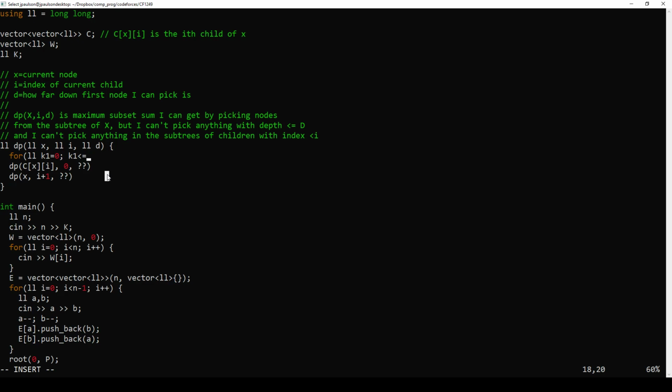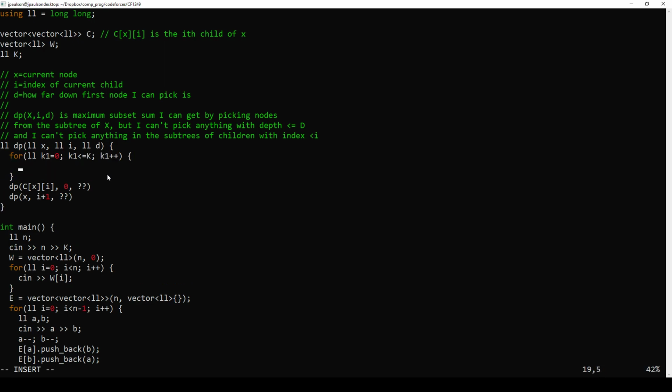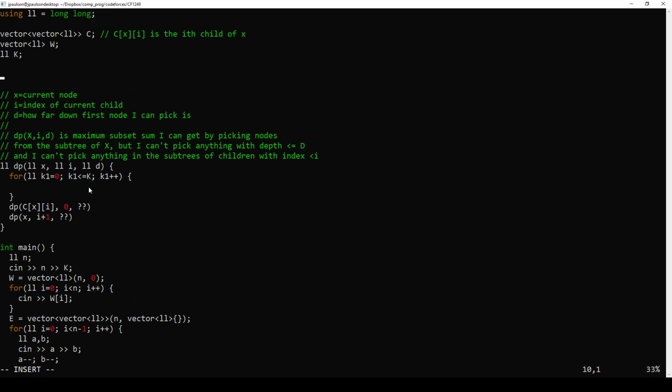And so the way that we're going to solve that problem is by saying the closest node that this guy can pick is like some number of levels down, right? So let's kind of try and draw it out.